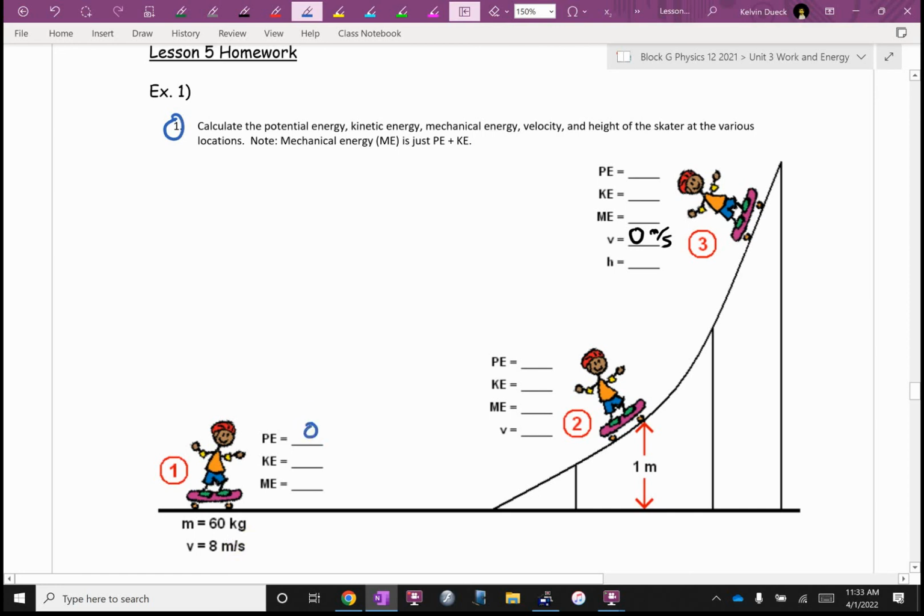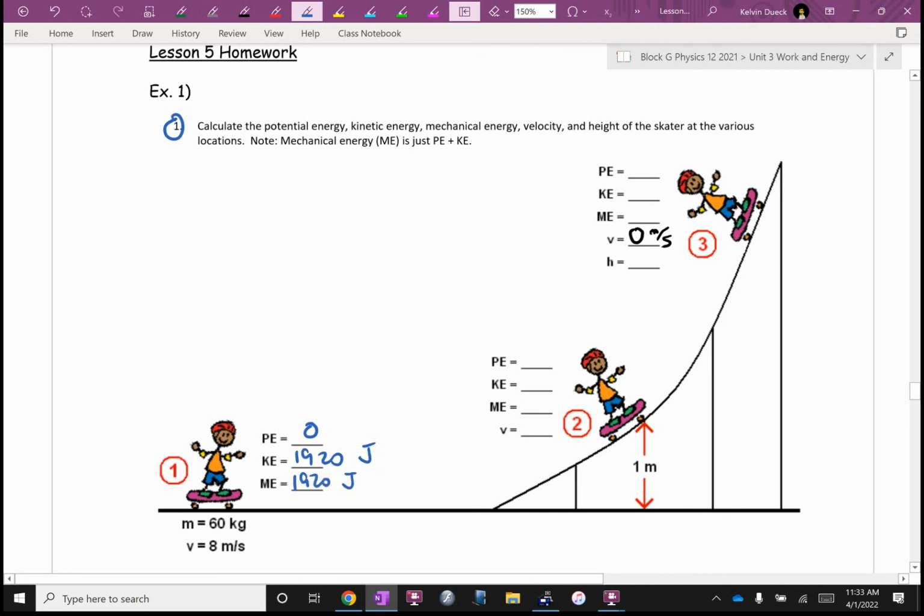What's the kinetic energy? A half mv squared. Can you quickly on your calculator go a half times 60 times 8 squared? What do you get? 1920? And then ME is the total mechanical energy, which is potential plus kinetic. So also 1920.